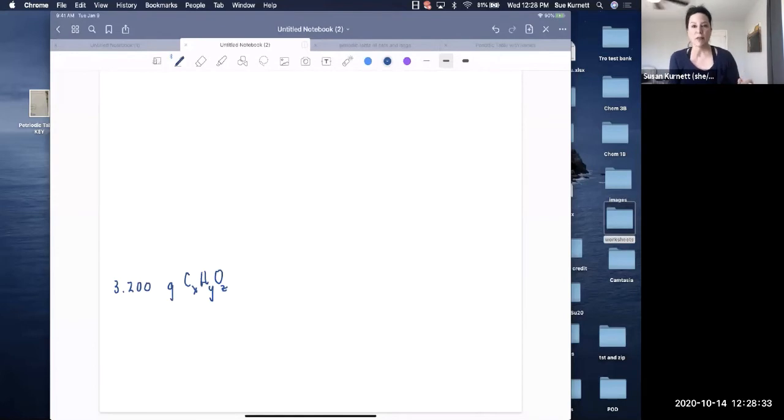When the sample has gone through combustion, it yields 4.797 grams of carbon dioxide. It also yields 1.306 grams of water.